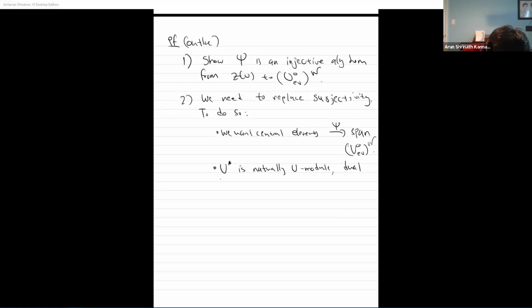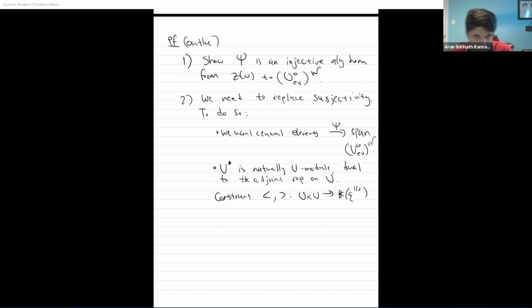You may remember the adjoint representation on U from a previous talk. What we're going to do is construct a non-degenerate invariant pairing on U with a suitable field extension.